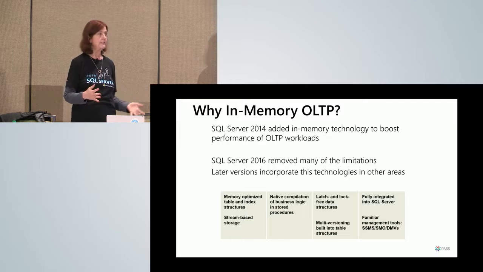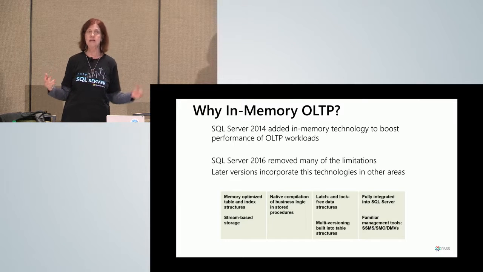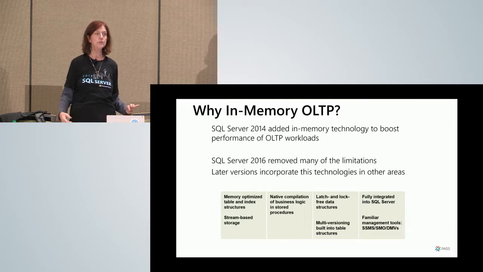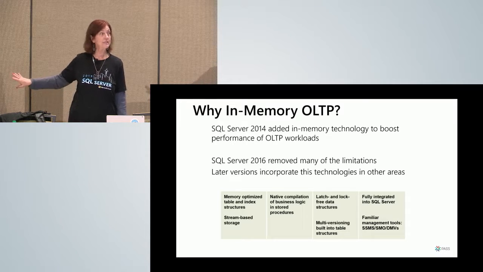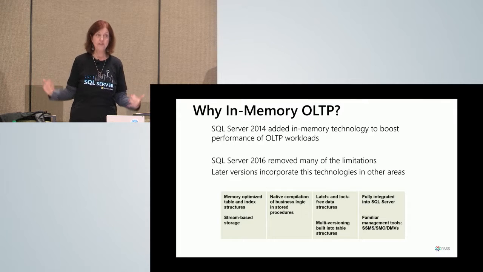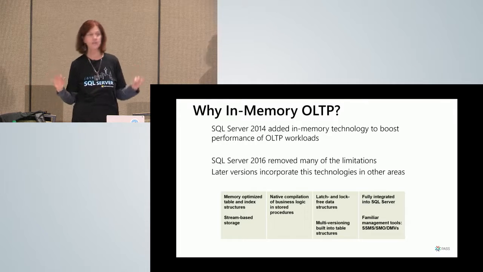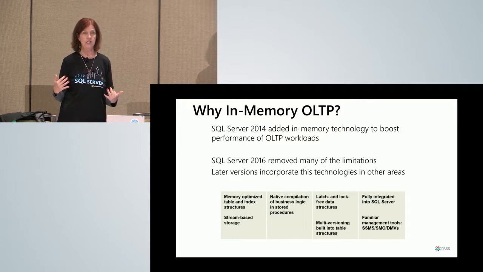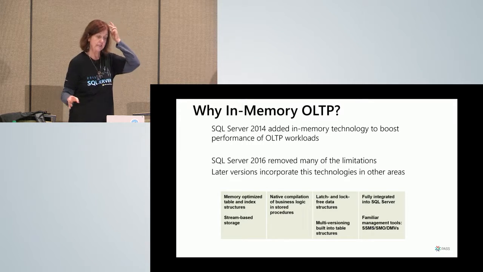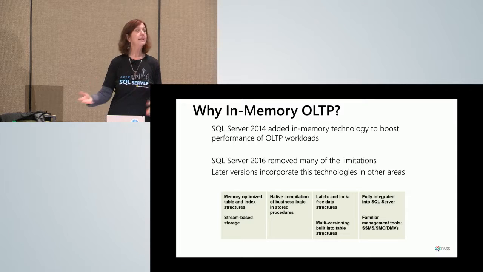The data is always in memory from the time your SQL Server comes up. It's there, it's available, you can use it without waiting. But as you make changes behind the scenes, SQL Server streams it out to disk. So if there's a shutdown, a crash of SQL Server, when you bring it back up, it knows what the changes are. We're not going to be able to go into all the details of how that happens. It's in the book if you want to read about it.